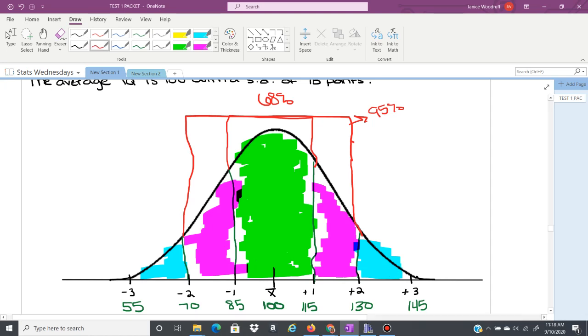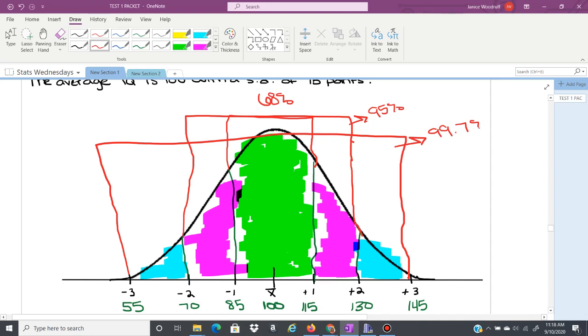So 99.7% of people have an IQ between 55 and 145. Now, just a couple of things about the curve itself. What percentage of people have an IQ above 100?